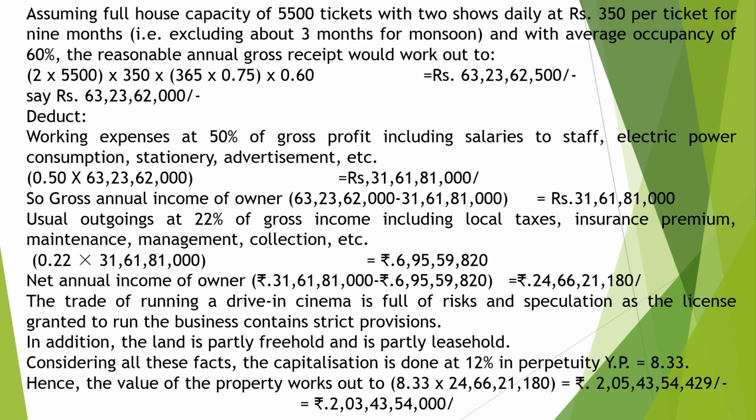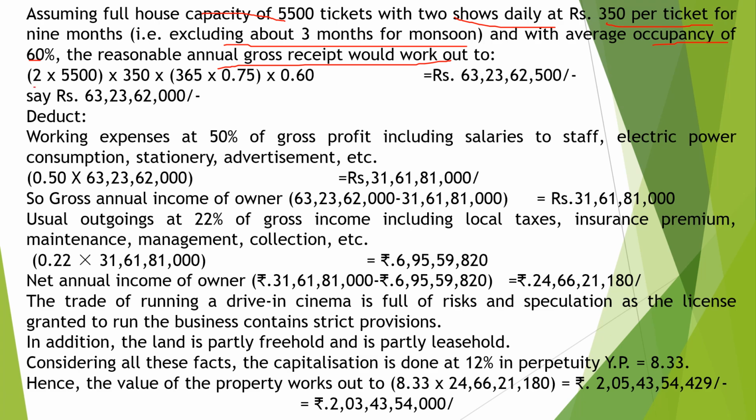So, assuming full house capacity of 5,500 tickets with two shows daily at rupees 350 per ticket for 9 months, excluding 3 months for monsoon season because it is an open air theatre, with an average occupancy of 60%, the reasonable gross income will be worked out.